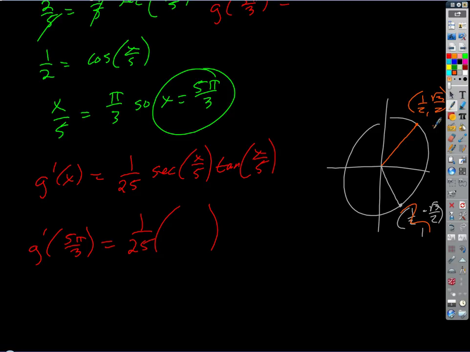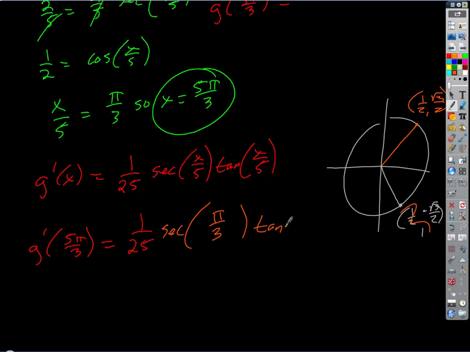Yeah, because if we plug in, this is giving us 1/25 times, we add one more step to this. So we're going to get secant of 5/3 pi divided by 5, which is pi thirds.